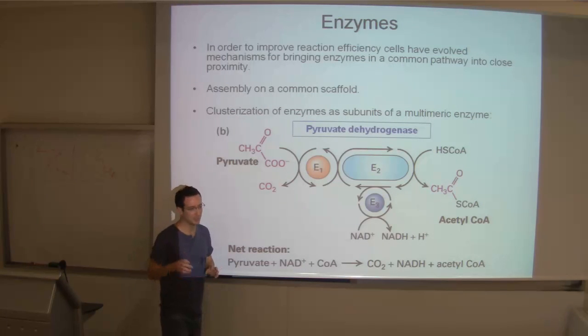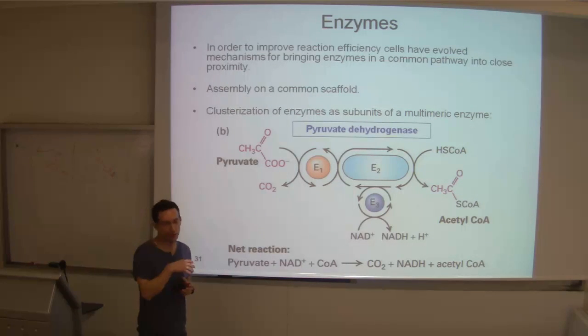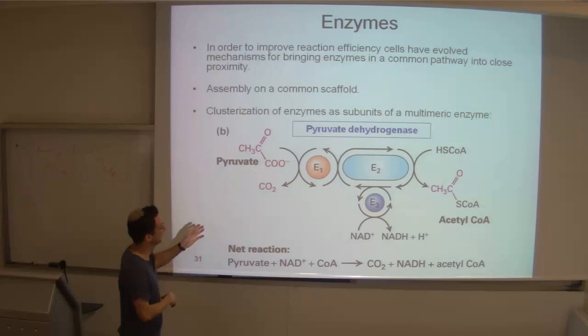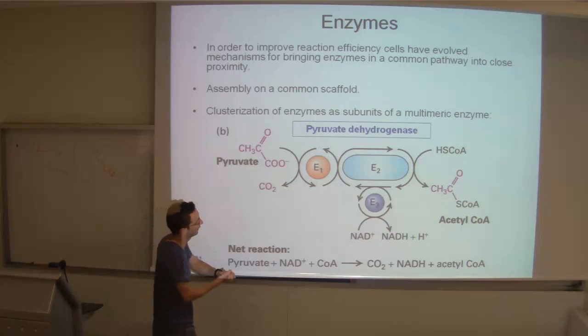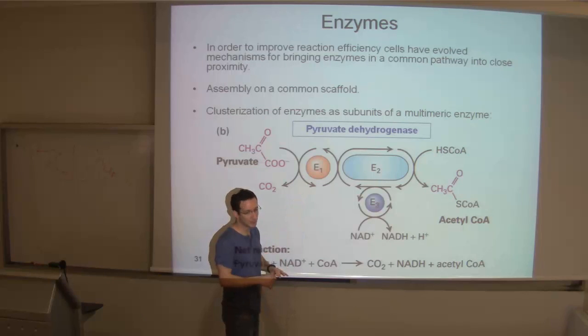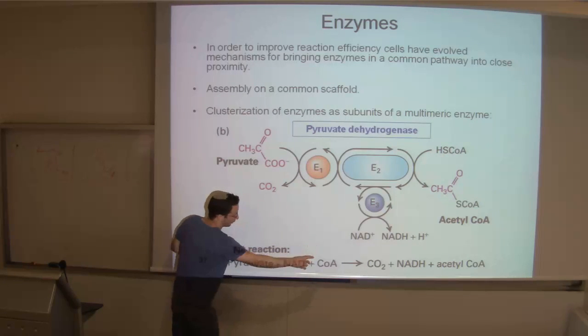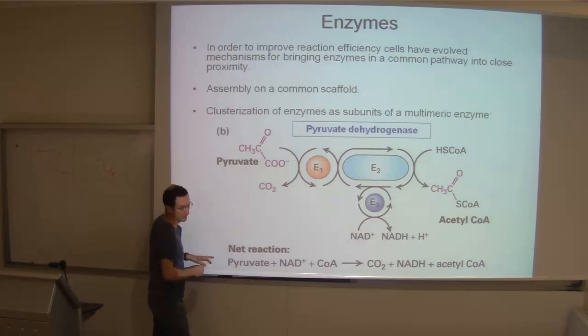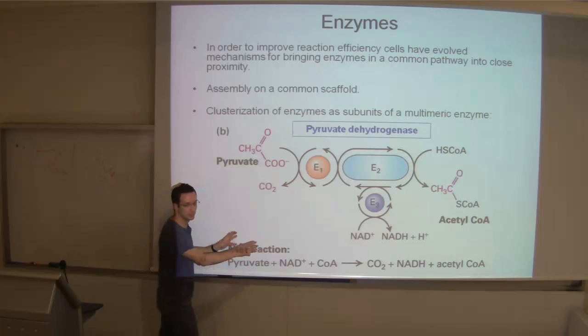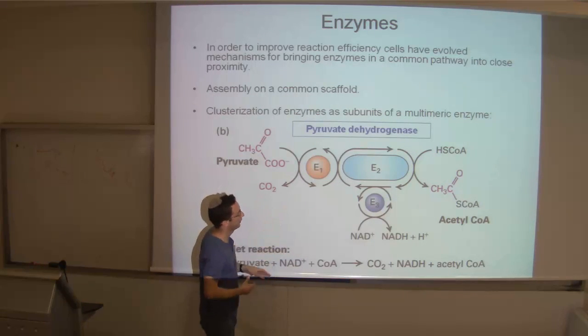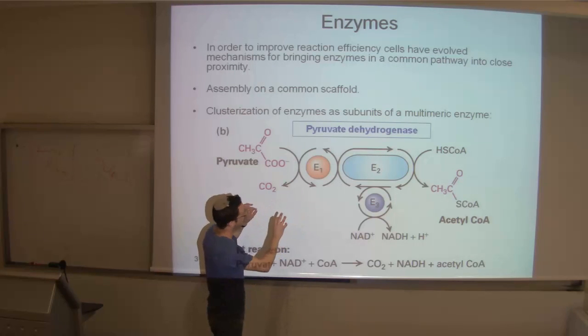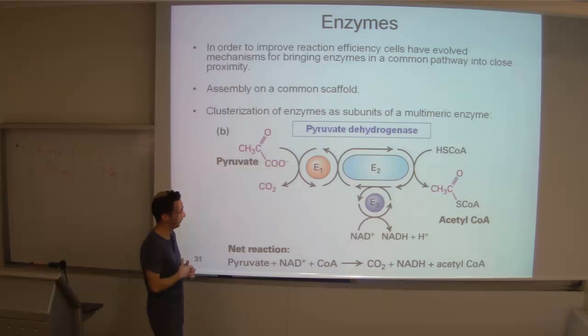If it's a structural complex, we usually call it a protein complex, and here we call it a multimeric enzyme, meaning that it's built of several enzymes that promote chemical reactions that are coupled together. So this is the net reaction that the pyruvate dehydrogenase performs, but it's made of several smaller chemical reactions, each promoted by another enzyme.